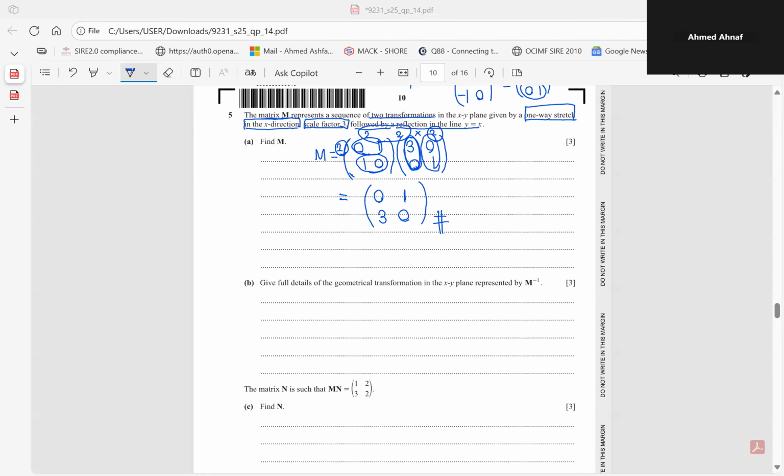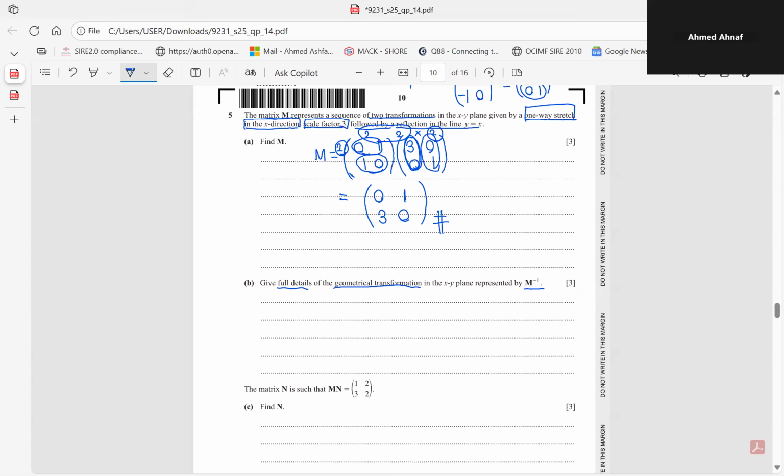Okay, so for this part, we're supposed to give full details of the geometric transformation in the xy plane represented by M inverse. To do this, let's express M inverse in terms of a product of two matrices.